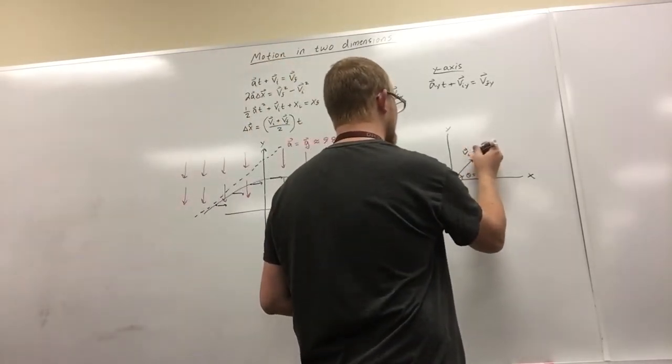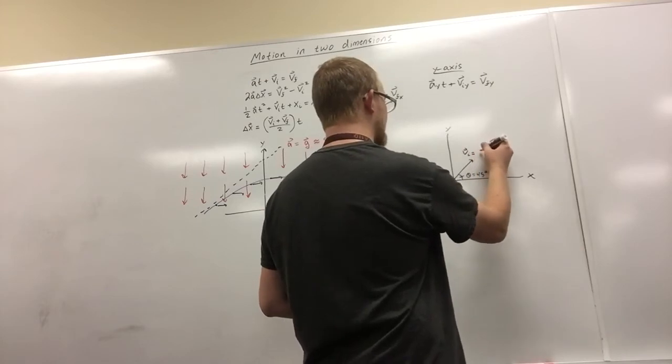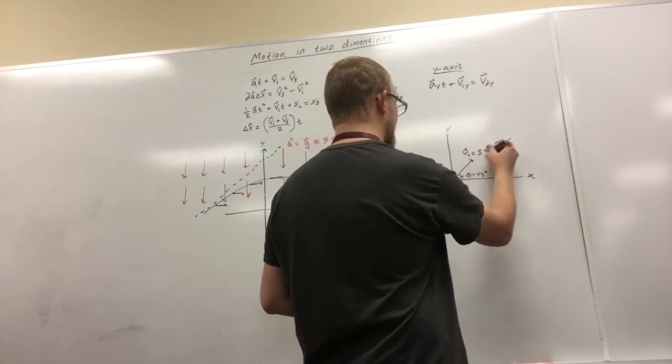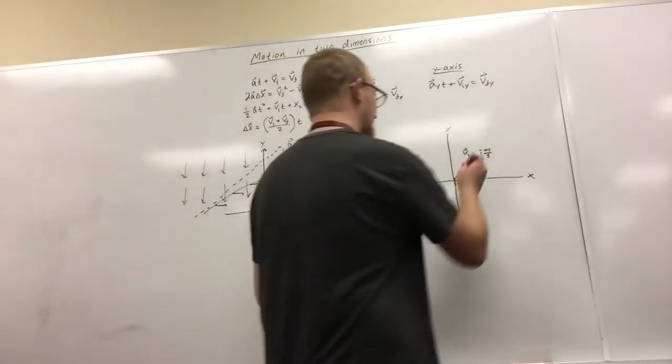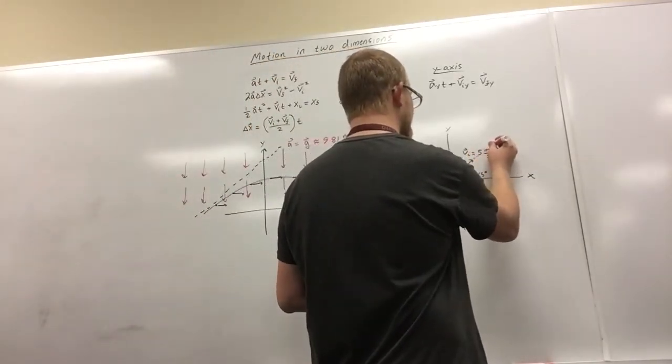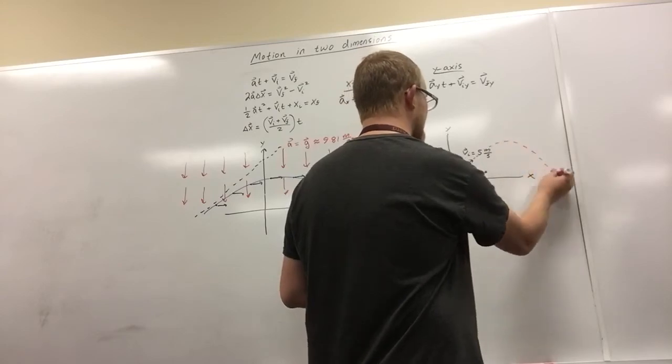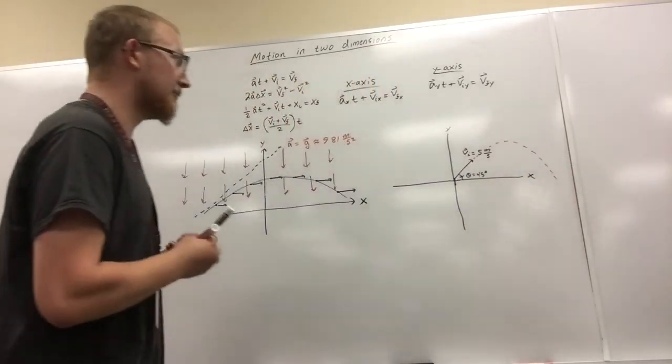V initial equals 5 meters per second. We know intuitively what's going to happen because of projectile motion and gravity on the surface of the Earth: this thing's going to come back down.